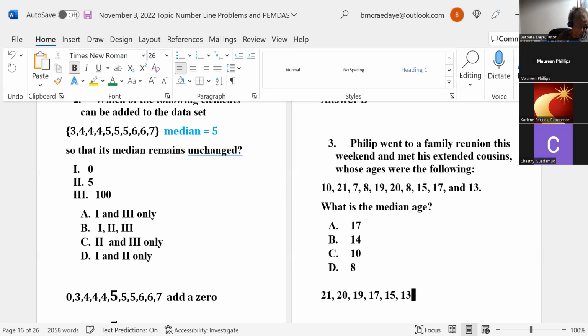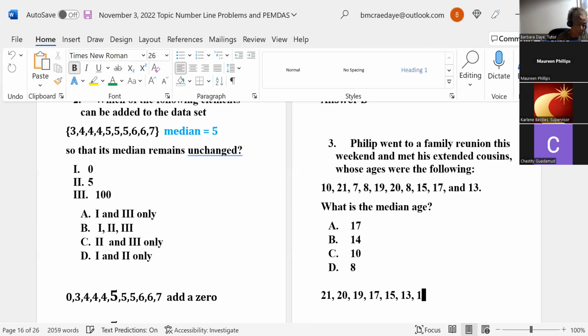I thought it went from the smallest to the largest one. So you've got 21 to 7, right? Yeah, you went from smaller to larger. So you have 7, 8, 8. What's next? 10, 13, 15, 17, 19, 20, and 21.